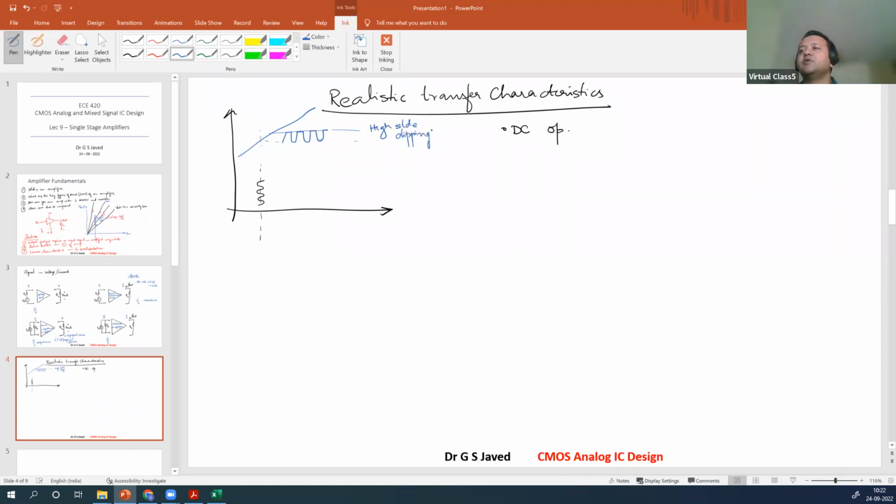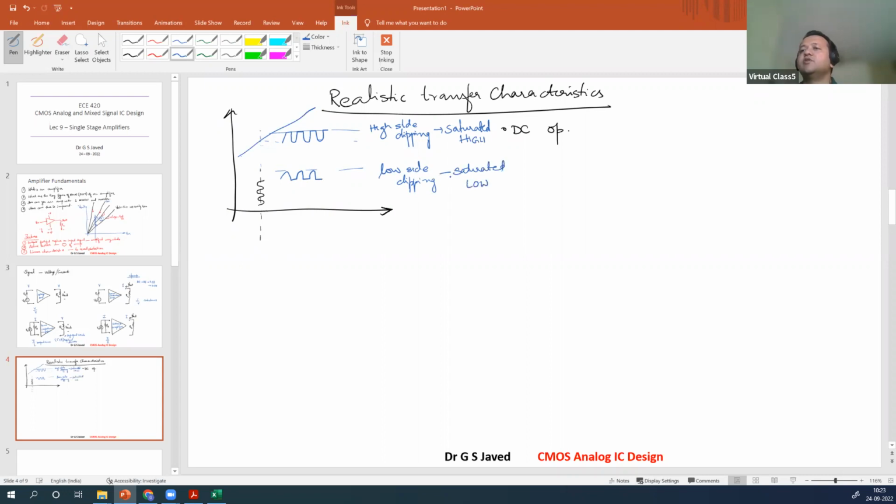Okay, this happens because of saturation on the high side. Now, sometimes you can have clipping which is happening on the lower side, which is called low side clipping. And this is happening because saturation is happening on the lower side.